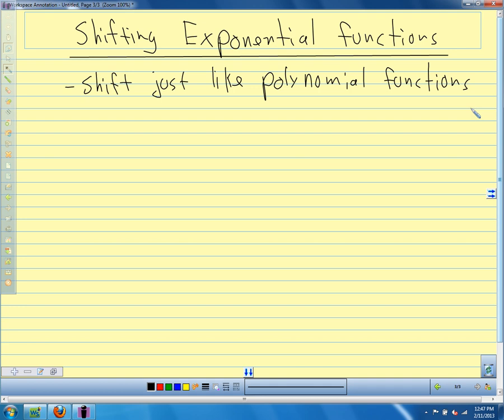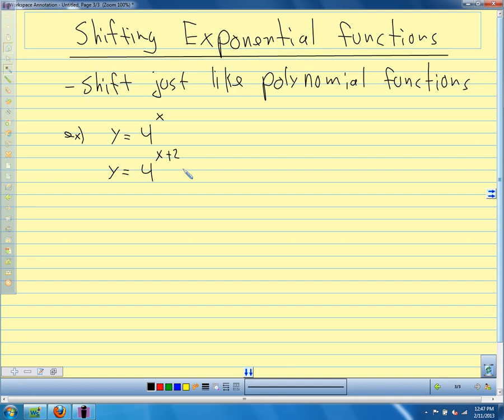So let's look quickly, if our parent function is y equals 4 to the x. So this is our parent function. What is this going to do if I do 4 to the x plus 2? So how is that going to shift?